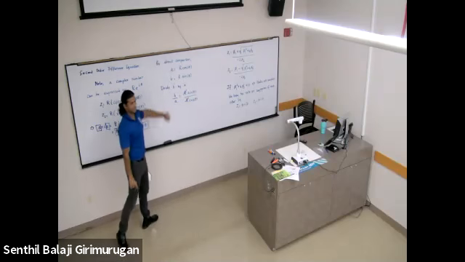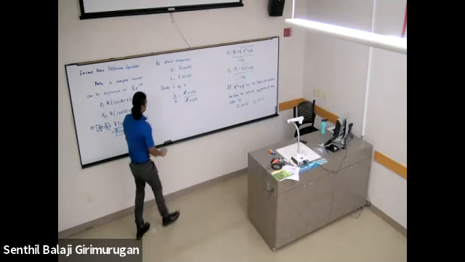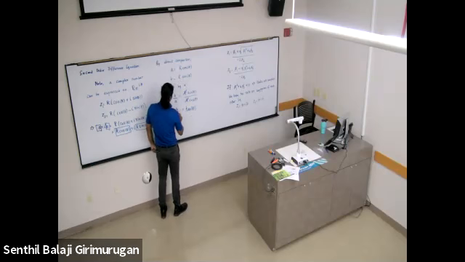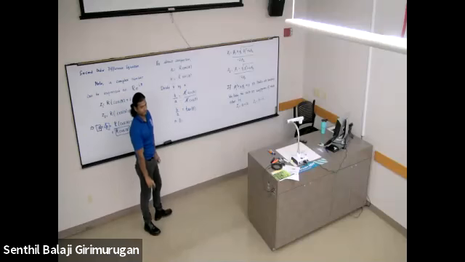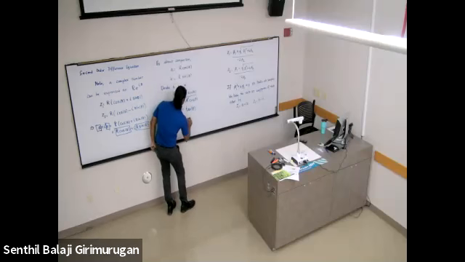What is sine theta divided by cosine theta? Tangent theta. Which would imply theta is equal to... I want to solve for theta. Inverse tangent, so you'd have tangent inverse b over a.